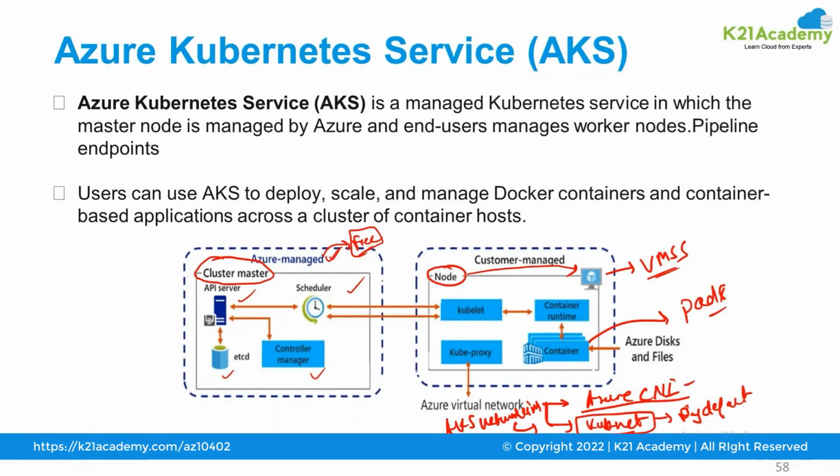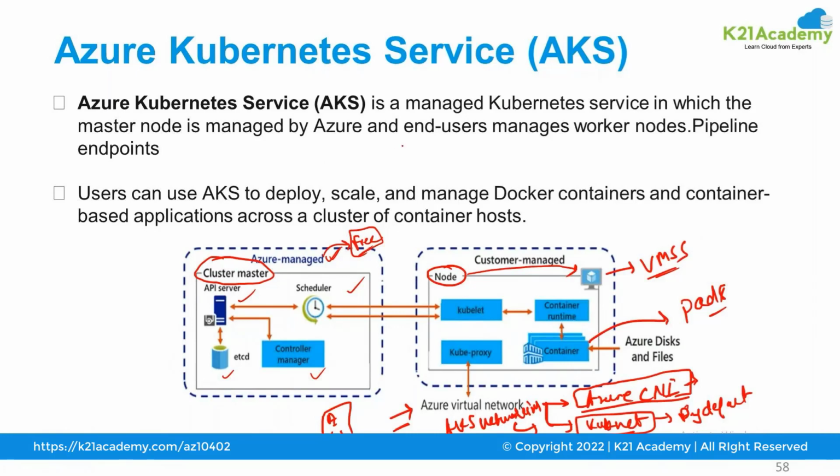So which one is advanced? Azure CNI is the advanced one. So if you are leveraging Azure CNI, you can actually connect your Azure virtual network, which is already there, with this particular infrastructure, with these nodes. And in turn, resources from this particular network can connect to your containers, to your pods, basically, inside which your containers will be running, right? So that is what exactly it is.